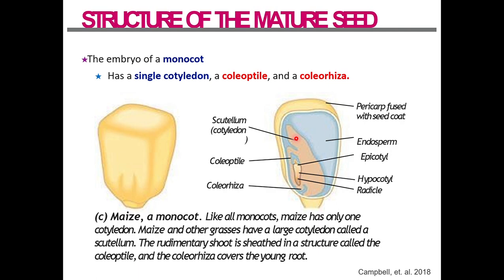The rudimentary shoot is sheathed in a structure called the coleoptile. Here is the coleoptile, and this is the rudimentary shoot, and the coleorhiza covers the young root. Here is the structure of the coleorhiza.